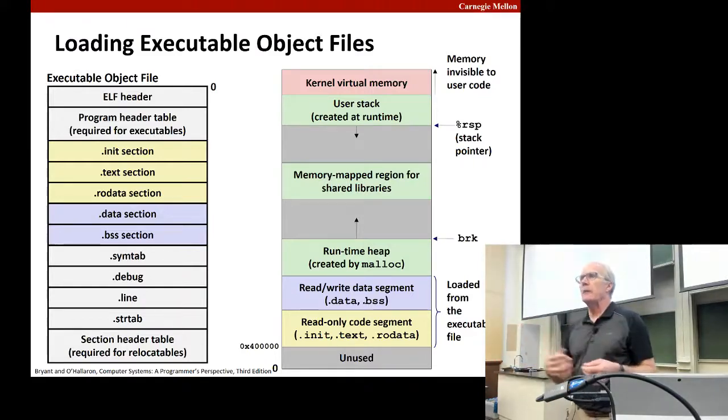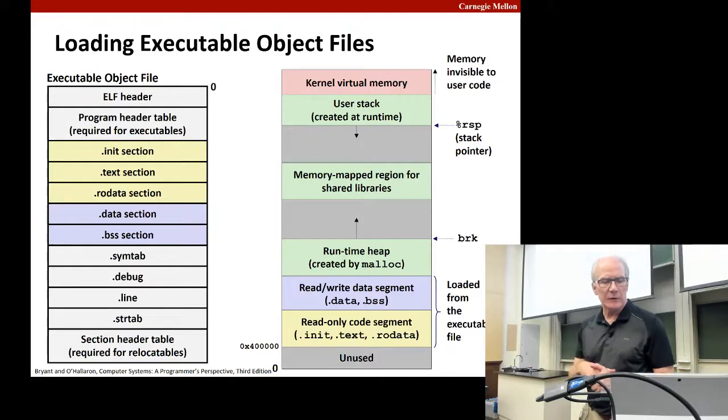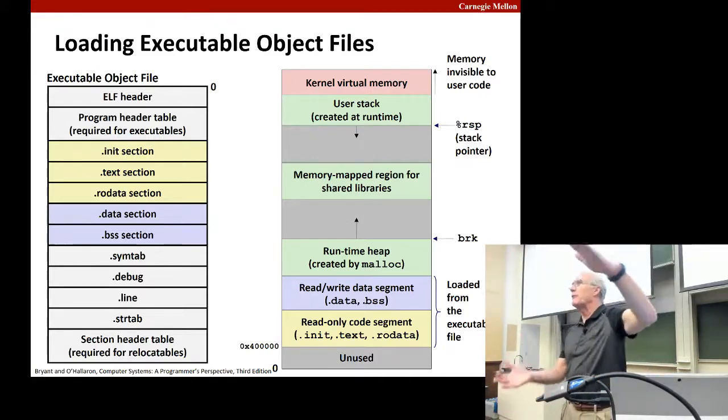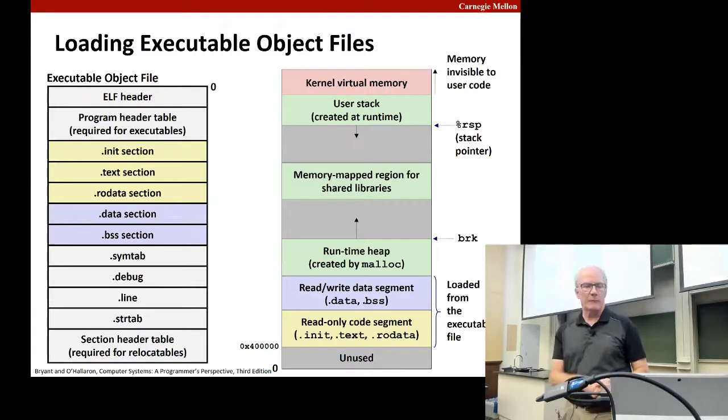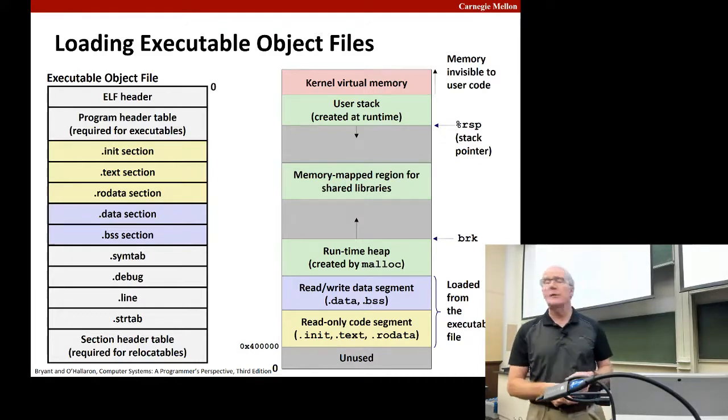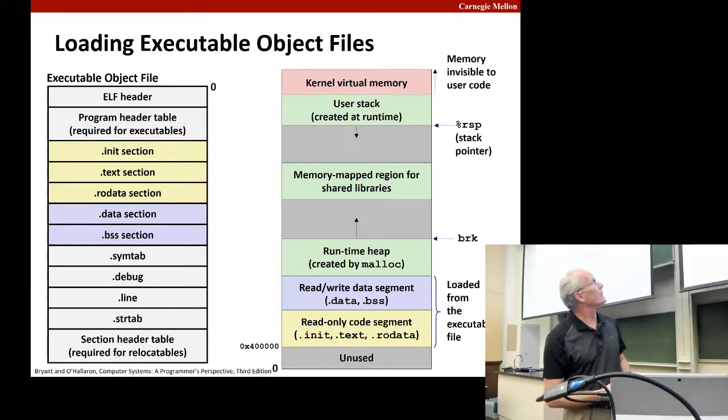It brings it into memory, and as we mentioned in a previous lecture, that's all spread around the virtual address space of your program. Some of it is used for your stack, but the parts that the linker has set up are these various sections: code, data, some of it read-only and some of it readable and writable.